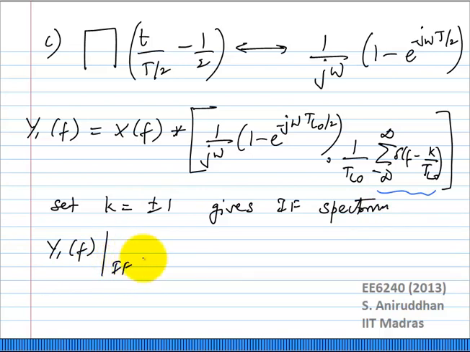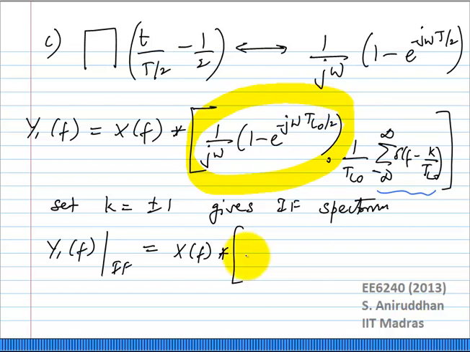So y1 of f at IF is nothing but x of f convolved with, of course, two delta functions, so I'll really have to evaluate this at those 2 points, k equal to plus or minus 1. That gives me plus or minus T LO by j pi times 1 by T LO.